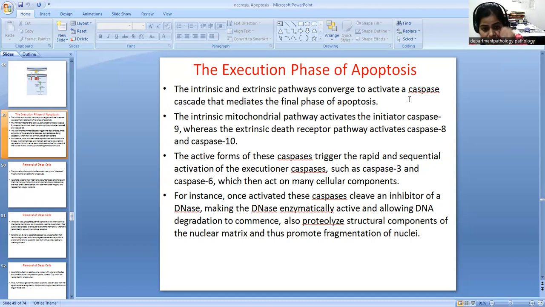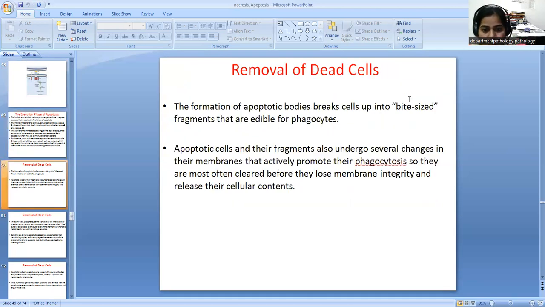For instance, once activated, these caspases cleave an inhibitor of a DNase, making the DNase enzymatically active and allowing DNA degradation to commence. They also proteolyze structural components of the nuclear matrix and thus promote fragmentation of the nuclei.